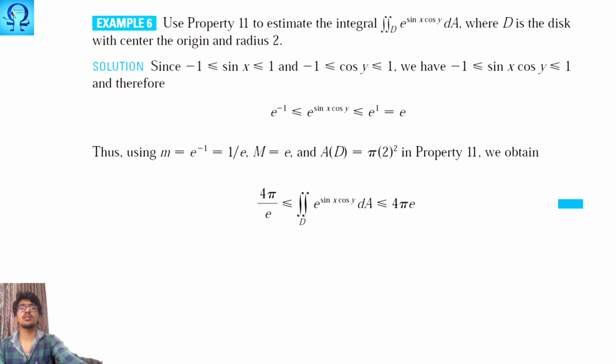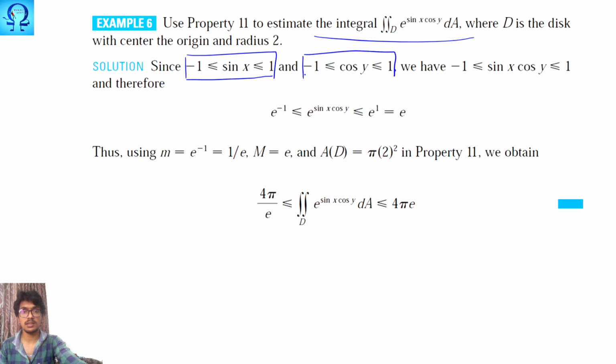This property is useful in calculating some estimates. Here in this problem we are asked to find the estimate. It is quite difficult for us to calculate the exact value of the integral. In those cases we can find some estimates. How are we doing it? If you see, sine ranges from -1 to 1, that we know for sure, and the same goes for cos as well.